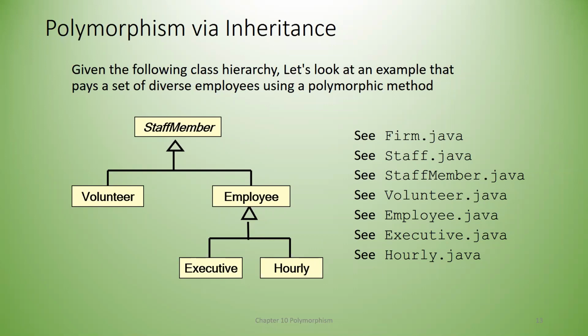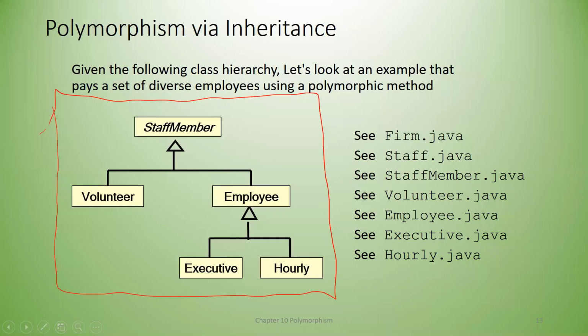Firm, okay, let me ask you, looking at this UML diagram, this is the UML diagram, right? Looking at it, what do you see? What's the relationship? Staff member looks like it's the parent class, and then off of it goes volunteer and employee as child, of staff member.